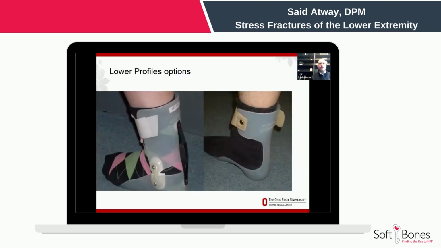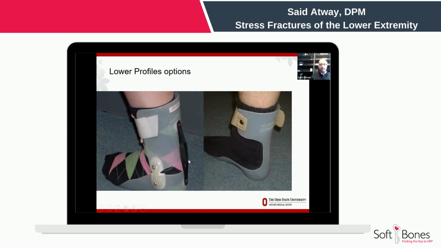So lower profile options, again, going back to the idea of difficulty in placing these in shoes. There is a lower profile option. We're able to control that heel motion, still allowing for ankle dorsiflexion or plantar flexion when appropriate with straps.